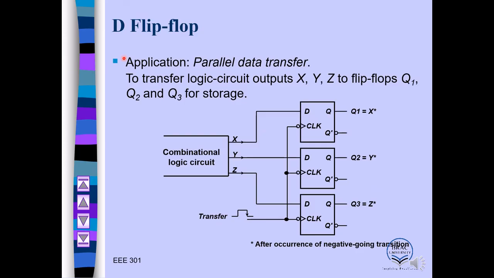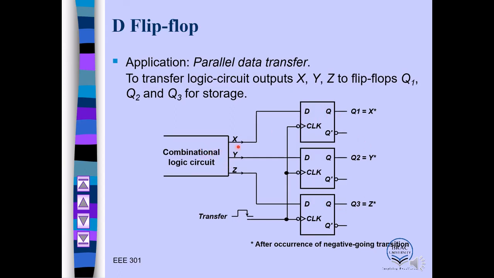There are lots of applications of the D flip-flop. One of them is parallel data transfer: transferring the logic circuit outputs X, Y, Z to flip-flops Q1, Q2, Q3 for storage. This is your combinational logic circuit, so it doesn't have any memory state. For that we need to use this kind of flip-flop or a register.